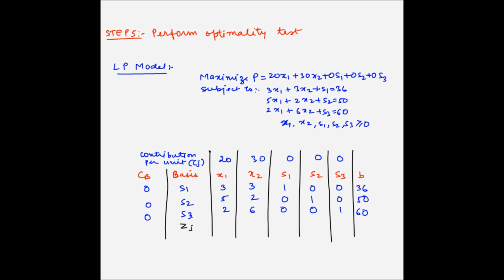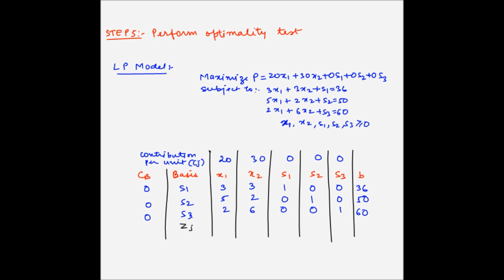This doesn't represent the net change, only the decrease if 1 unit of the variable is added to the product mix. So basically what we are saying here is that the current solution is that S1 is equal to 36, S2 is equal to 50, and S3 is equal to 60. Now in this solution, if we add 1 unit of chairs or x1, then what will be the decrease in the profit? Only the decrease.